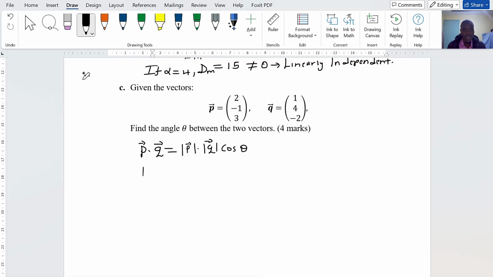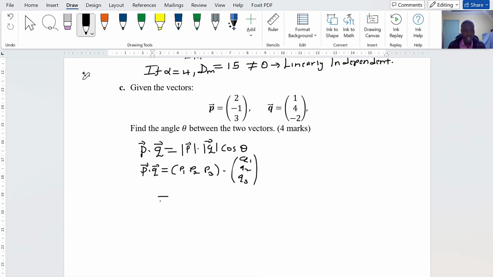Again, the dot product P dot Q is given by the row matrix for vector P, the coefficients P1, P2, P3, times the column matrix formed by Q: Q1, Q2, Q3.